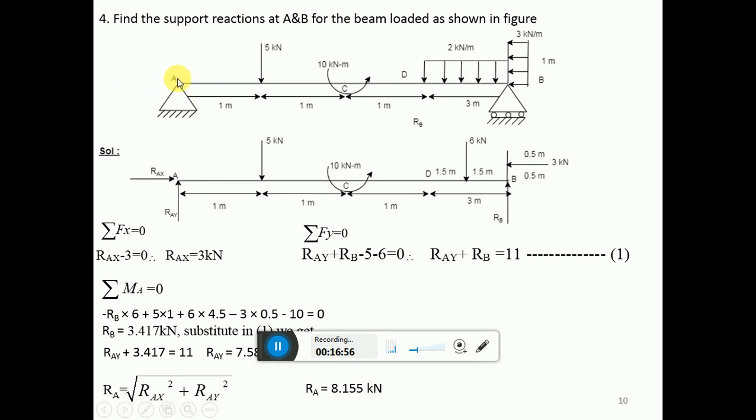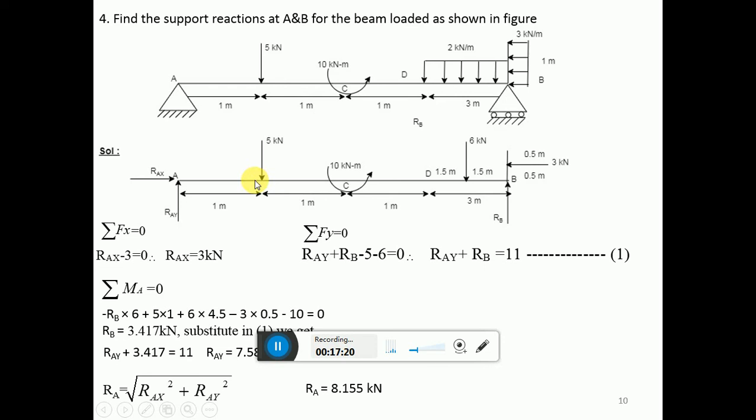But ideally speaking, this direction, because this beam will move in this horizontal direction, it is opposed by this reaction, that is RAX. Next, coming here, this is a roller support. One reaction develops, which prevents the vertical motion of the object by this support.